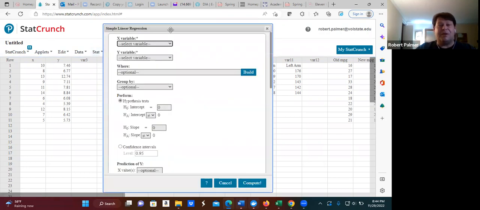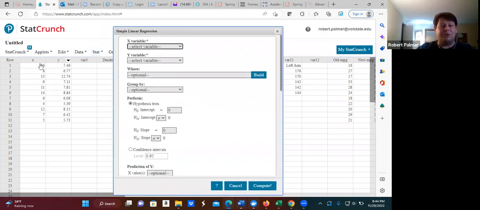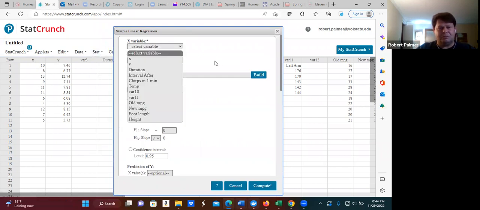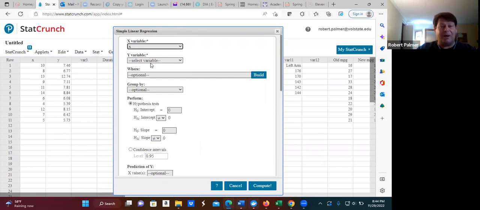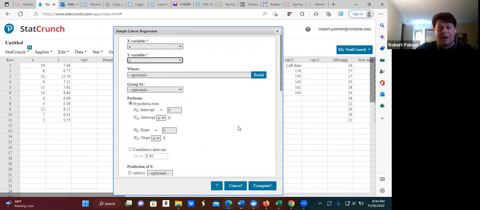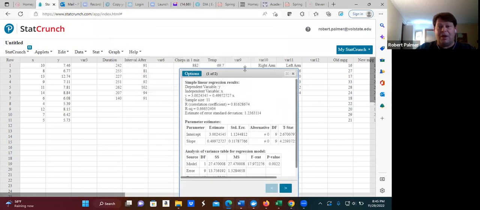It asks you to pick the X and Y, so make sure you pick the correct X and Y columns you want. I just use the X column for X and Y for Y for this example. And actually, that's really all we have to do. There are several options, but that's all we're going to do. We're going to keep the same hypothesis test for the slope. And let's hit Compute.